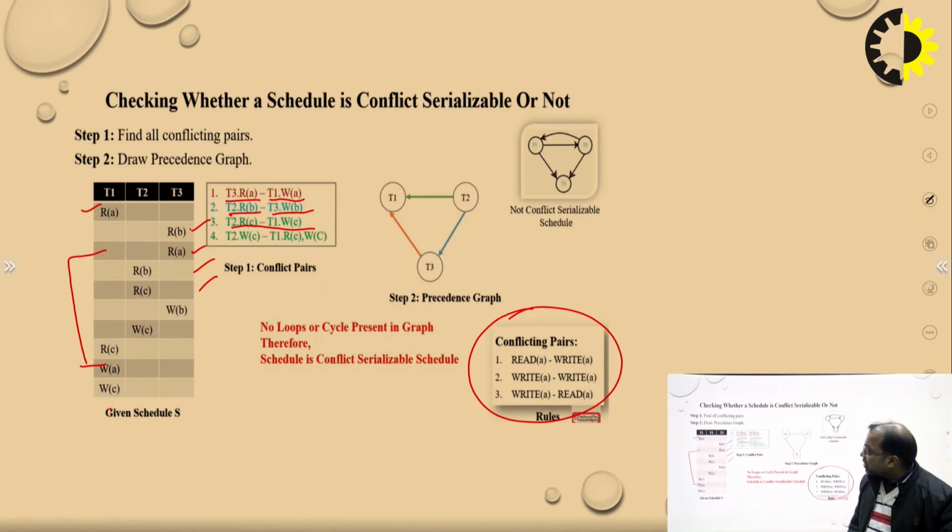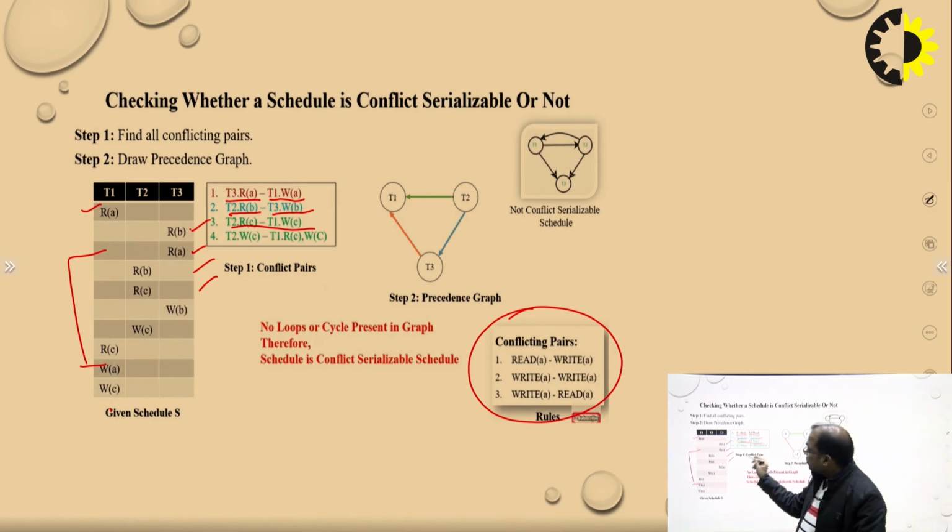This is the third conflicting pair. Next we have a write of B, then read of B: no read of B. Then we have a write of C, then there is a read of C. Yes, read of C is there. So this is a conflicting pair, involving T2.